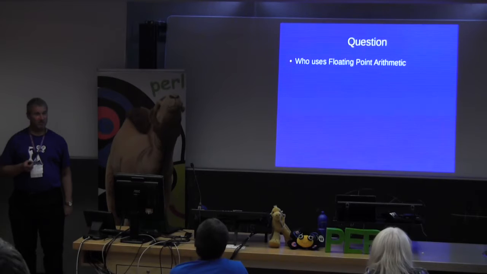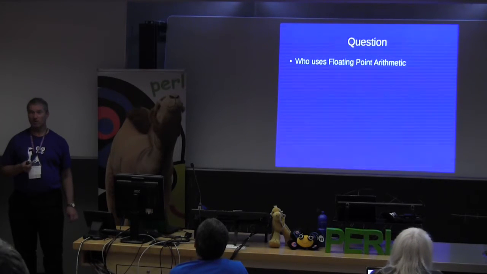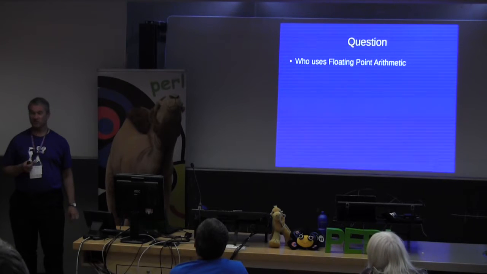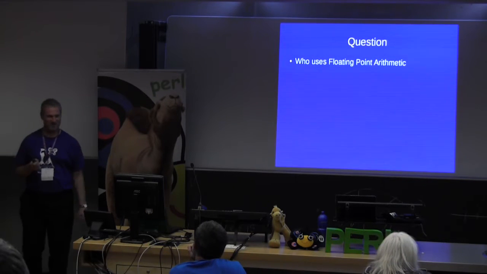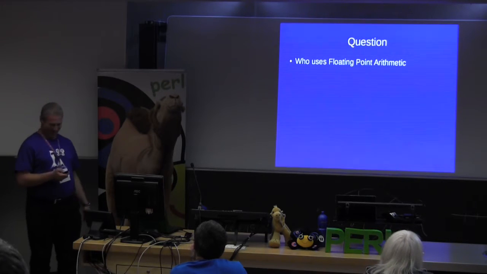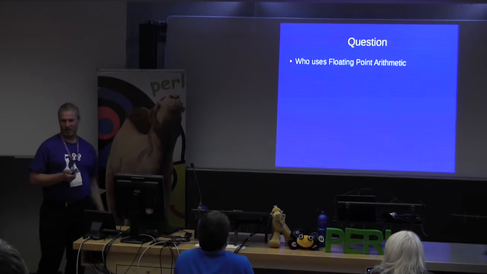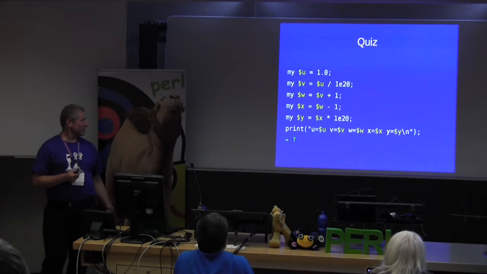So I guess we come to the next issue. It's floating point arithmetic. Who of you has used floating point arithmetic in the last year? Okay, so it's real stuff. I thought it's more for amusement, but anyway, I tell you anyway. So we have this example.